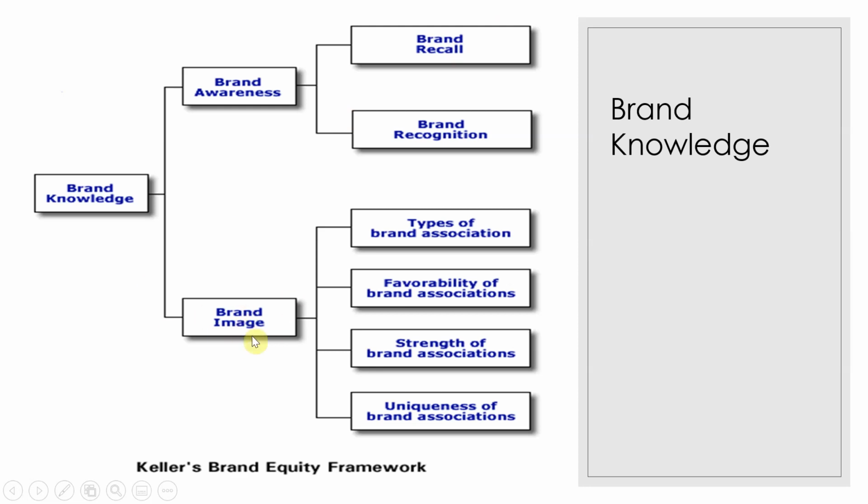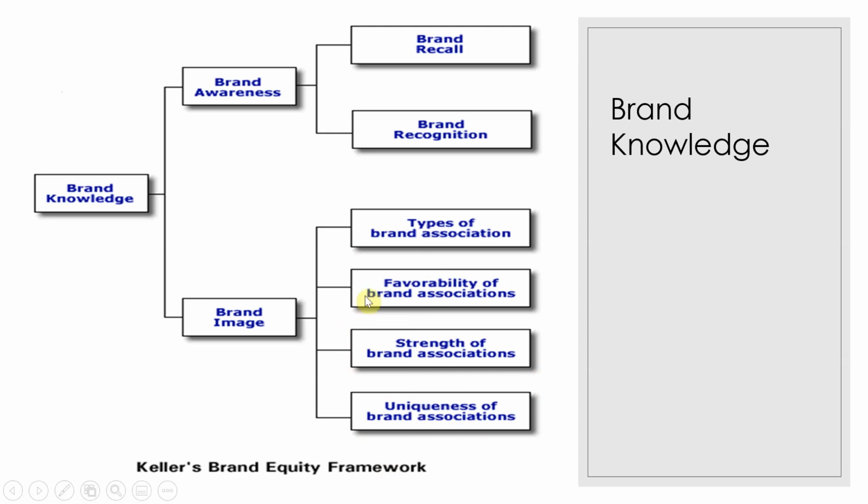And brand image, okay? There are some types of brand associations. There are many different types, but the major types are attributes and benefits, A and B. And there are main characteristics of associations to be valuable: favorability, strength, and uniqueness.